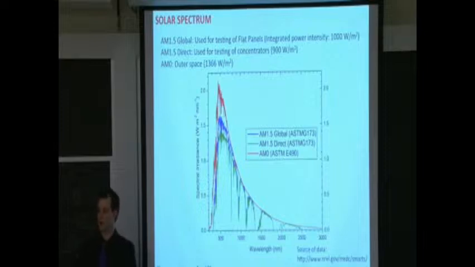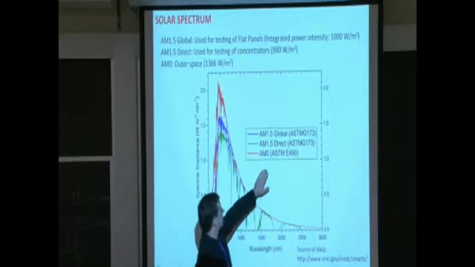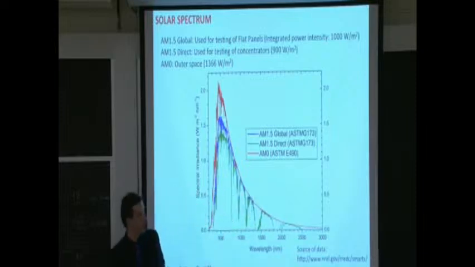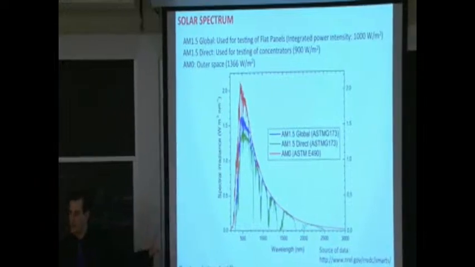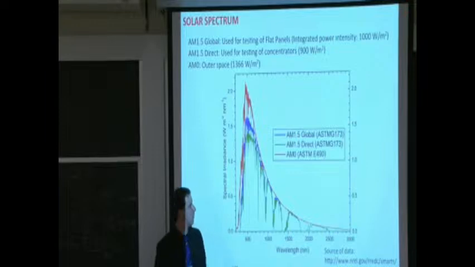We use common yardsticks, common metrics, and that facilitates communication, avoids ambiguity, avoids misunderstanding. And so these standards right here, these ASTMs, refer to the particular standards that are used for those solar spectra. And in your supporting online material, at the very end of the lecture slides online, we go into some more detail regarding that for those who are interested.